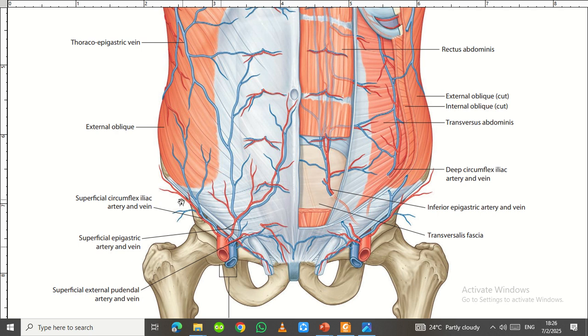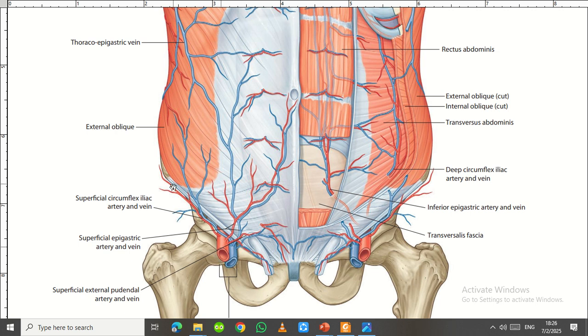This one is your superficial circumflex iliac artery that will supply the region going towards your anterior superior iliac spine. Then you have your superficial external pudendal artery, which will supply structures in the perineum. And then this important one, your superficial epigastric artery, will supply this region.